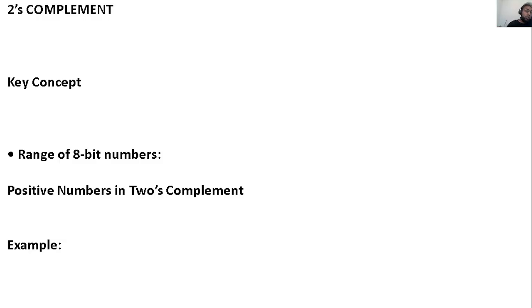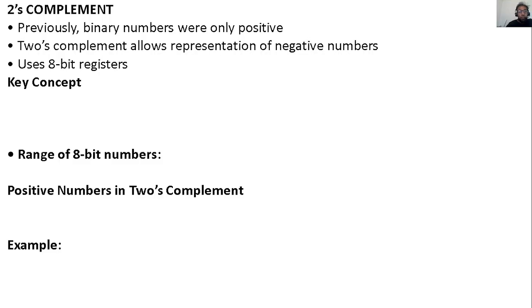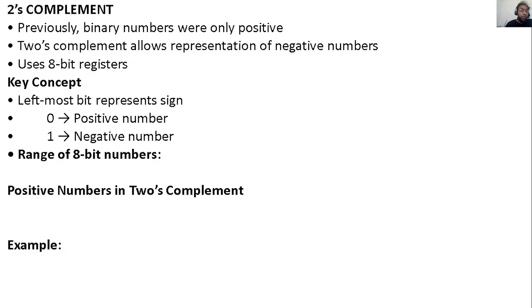Next topic is 2's complement. Previously, binary numbers were only positive. 2's complement is used to represent negative numbers. It uses 8-bit registers, so we will be using 8-bit 2's complement. The leftmost bit represents the sign: 0 for the positive sign, 1 for the negative sign.